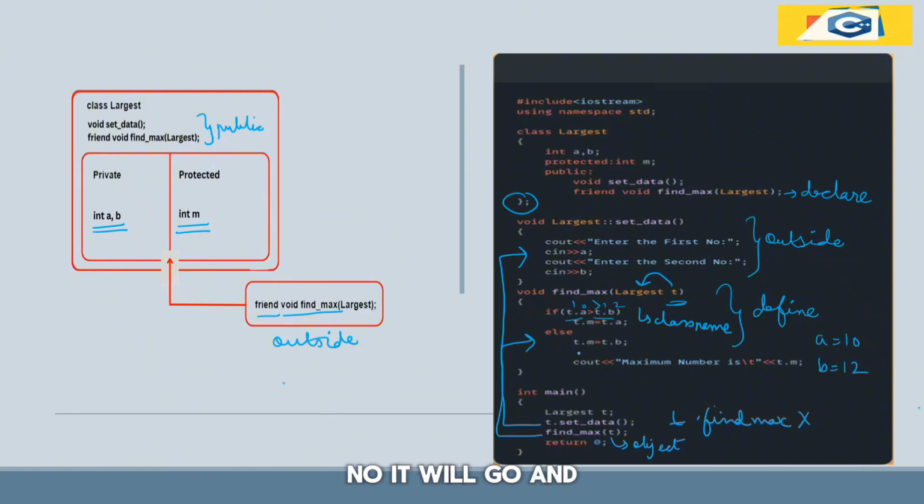No, so it will go and store that 12 in the temporary variable m. Vice versa, if my value of a is 12 and b is 10, it will execute this if part, because the condition is true. That value will get stored in t dot m and we will display maximum number is 12.